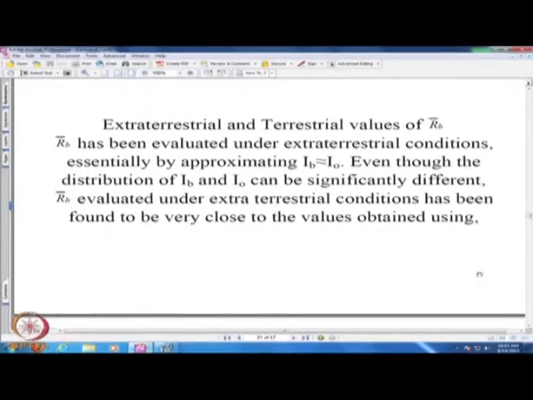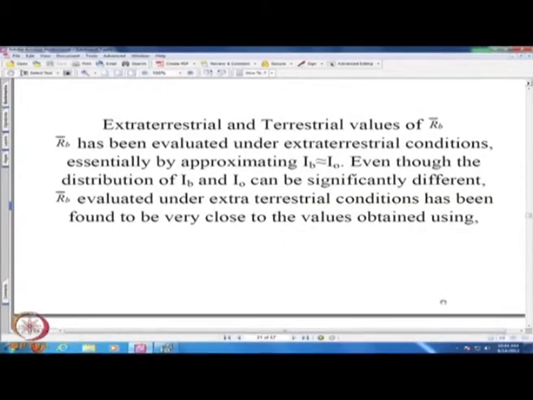Now, people have compared the values of R b bar evaluated under extraterrestrial conditions, like this approximation which we have already discussed, with the values calculated using the data, and they have found that they are reasonably close and sometimes remarkably accurate.